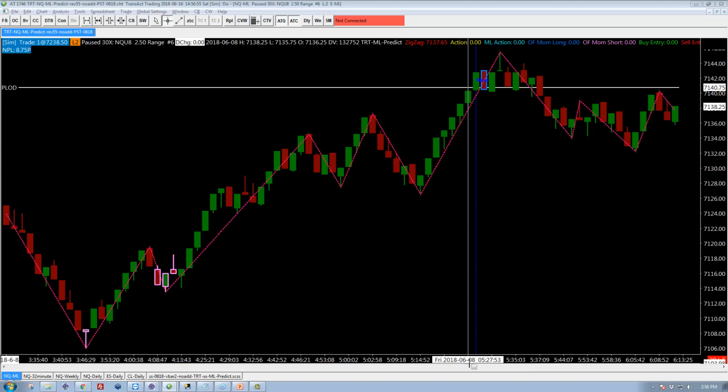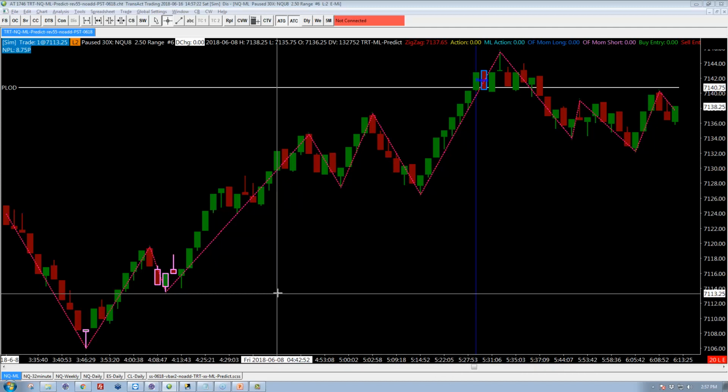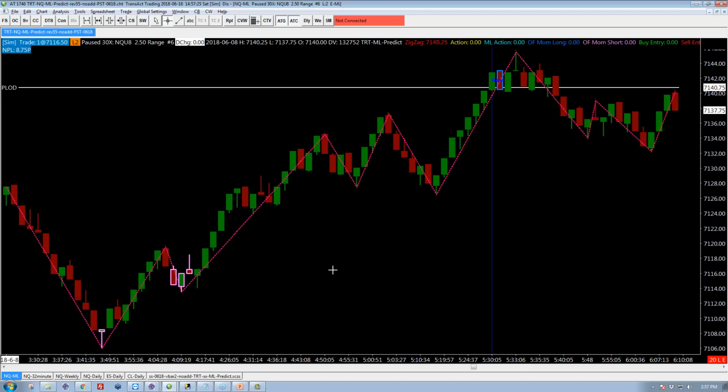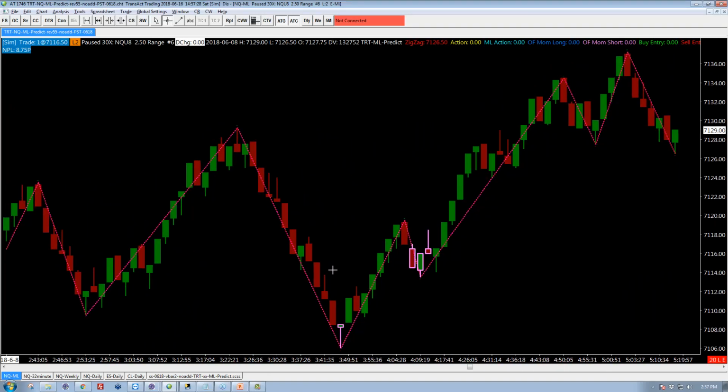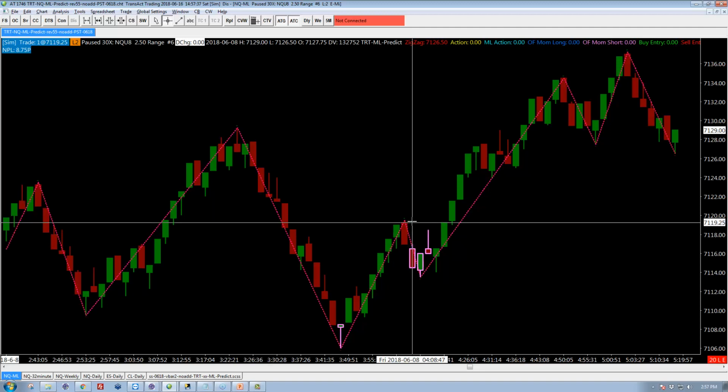I'd like to see that chop avoidance all the time, not just for the last 500 bars. If you're doing historical analysis, it's a real pain. You have to run a replay to see it. Like this is June 8th, and I'm way more than 500 bars away from the end of the chart. So in order to see the chop avoidance and do any kind of analysis on it, I'd have to run a replay for this day, and that's a real pain.